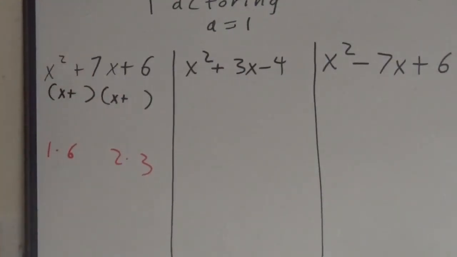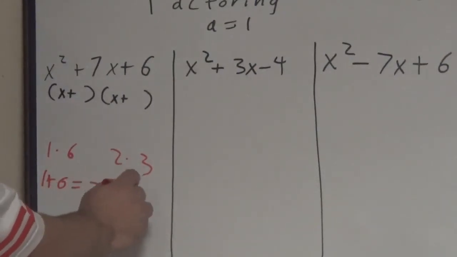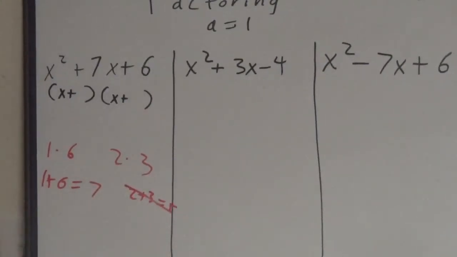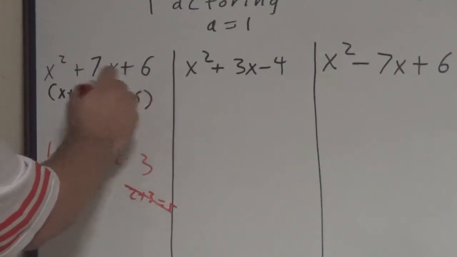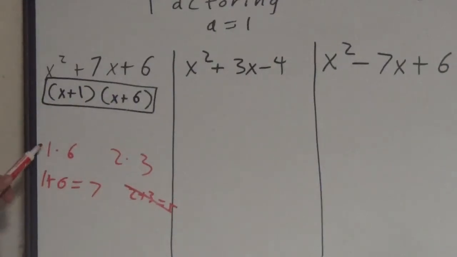You could probably look at that and say, well, 1 plus 6 equals 7, and of course 2 plus 3 equals 5, so that's not right. So our answer is 1 and 6. And you can check it. 1 times 6 is 6. 1 plus 6 is 7. So we know that is the answer.